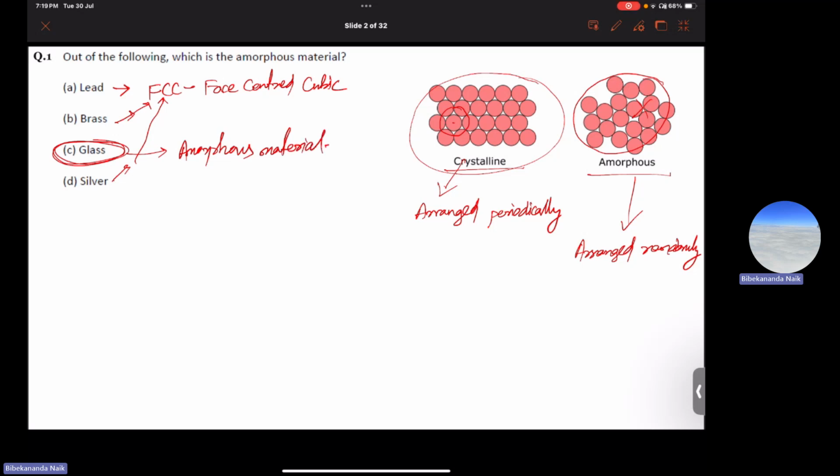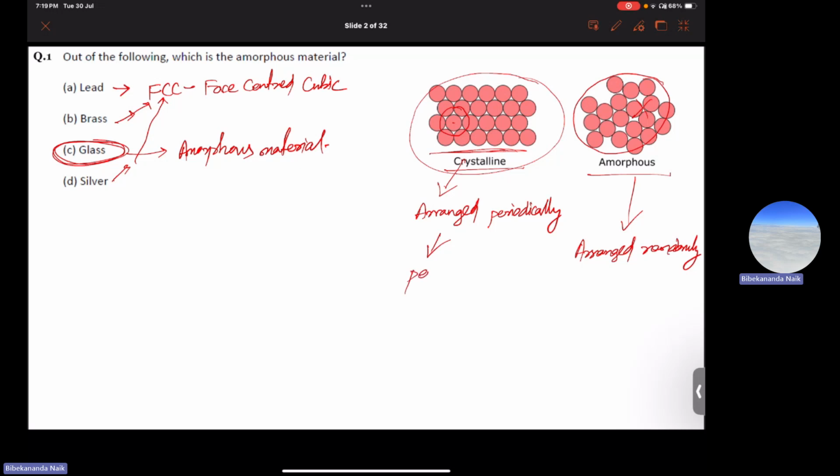If you talk about crystalline and amorphous materials, crystalline solids have a definite internal atomic structure that is repeated with a certain pattern. If you see on the left-hand side, they have a certain repeating pattern.